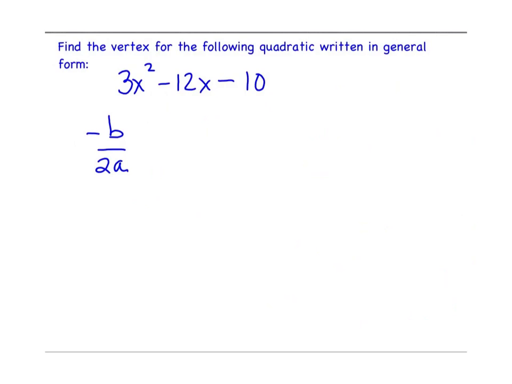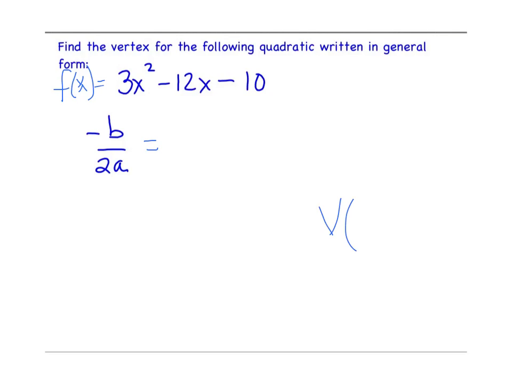Here's an example. This is a function, should be written as a function, f of x equals. This is a function that is written in general form, so instead of putting it in vertex form, I'm going to use this negative b over 2a to find the x and y coordinates of the vertex, which is what it's asking for.